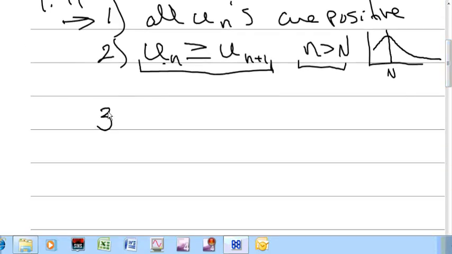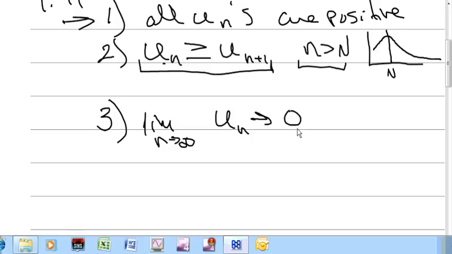And then third, and the final thing that you have to be able to show, is that the limit as n goes to infinity of u sub n is 0. Now this is one of those things that a lot of people try to say, if this is true for a regular series, not an alternating series, then it must converge.